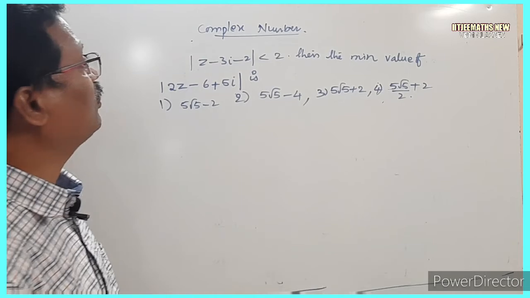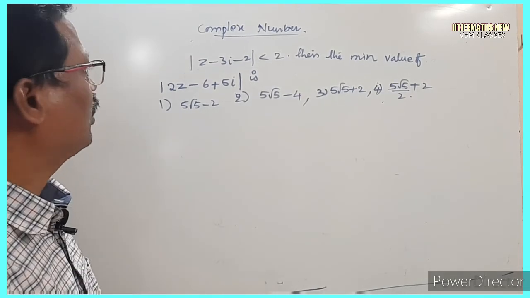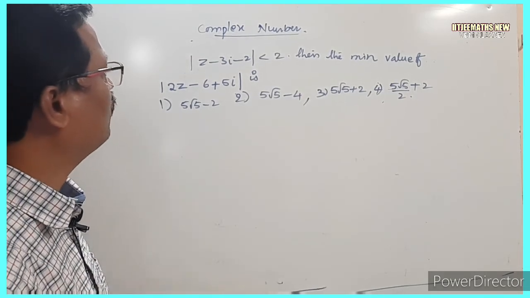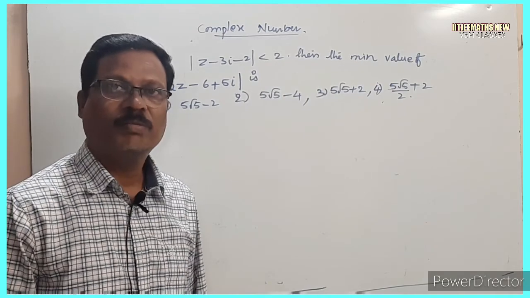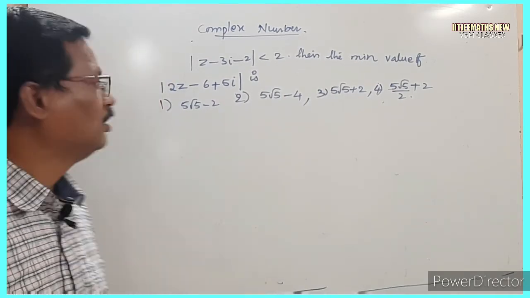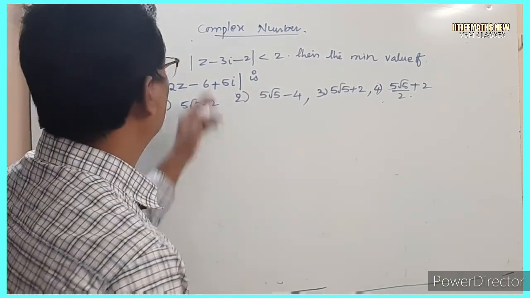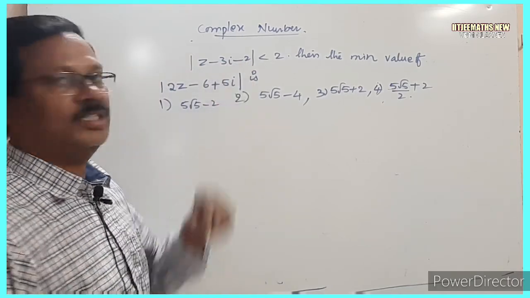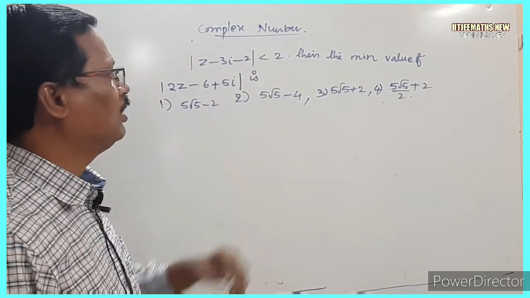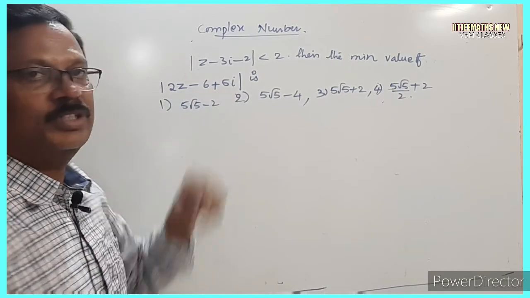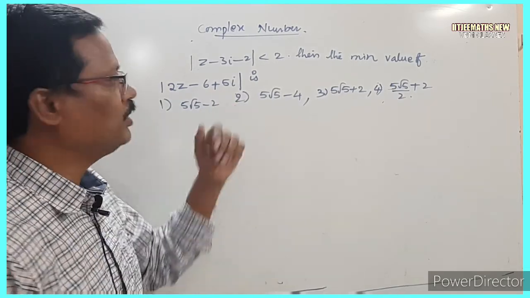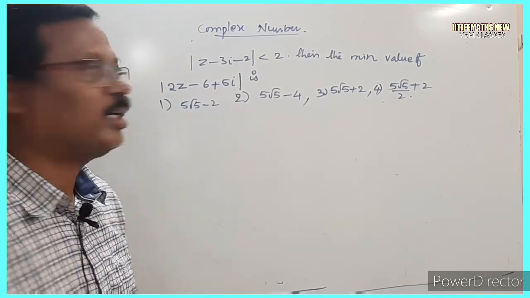This belongs to the complex numbers. In complex numbers also they give a geometrical problem, depending upon the circle. Now see that mod z minus 3i minus 2 is less than 2, then what is the minimum value of this one? In these 4 options, which option is correct?